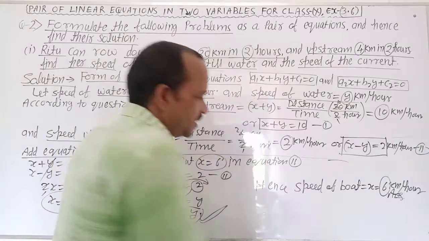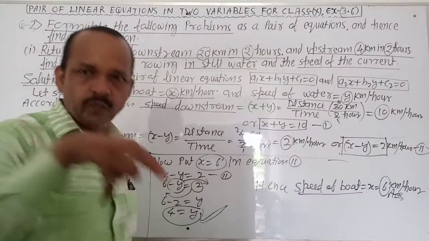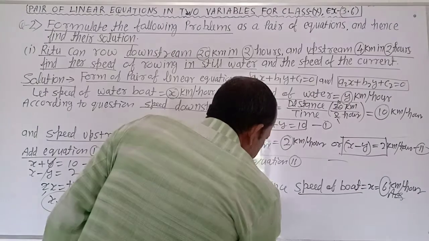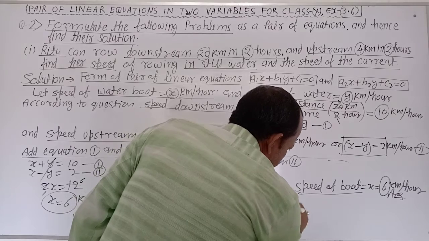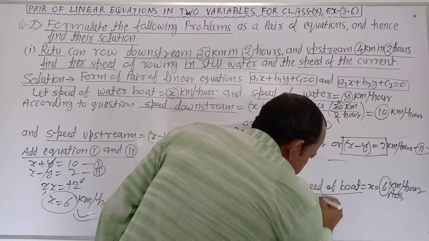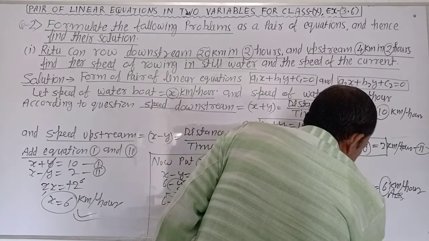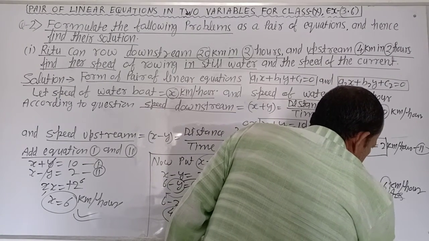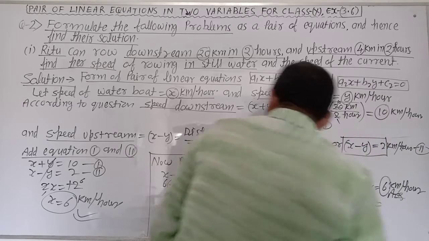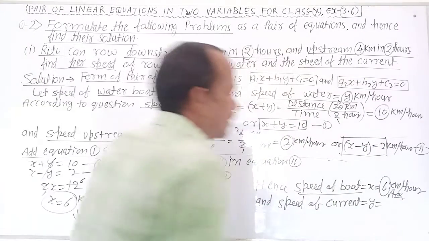Answer. It is the speed of boat, and speed of current equal to y equal to 4 km per hour.